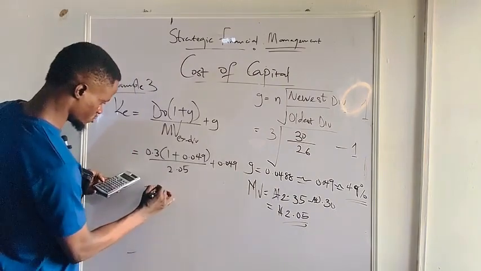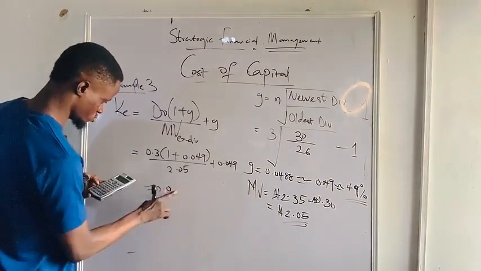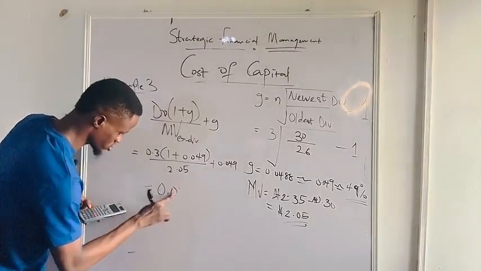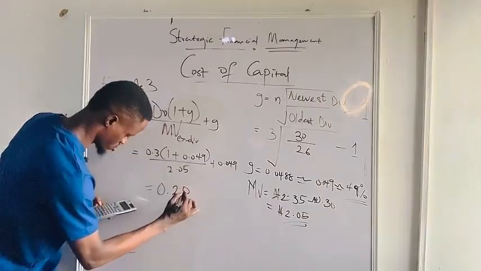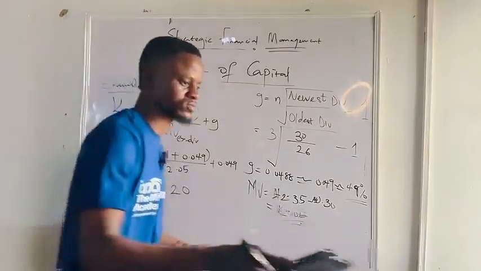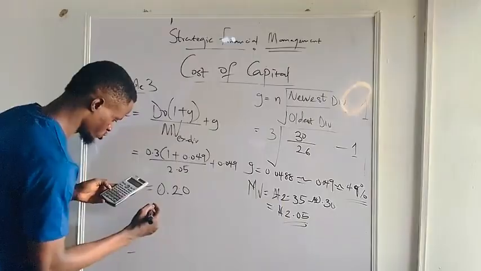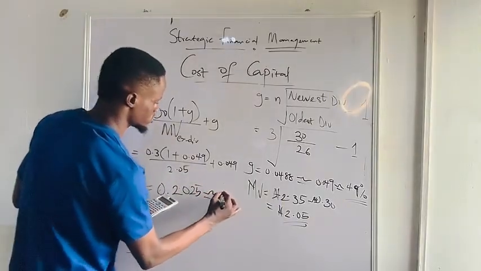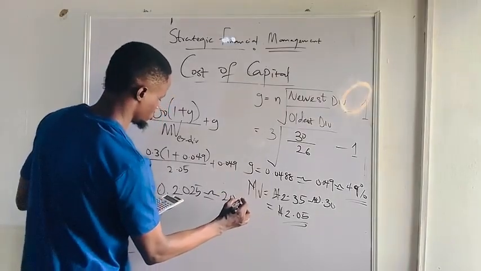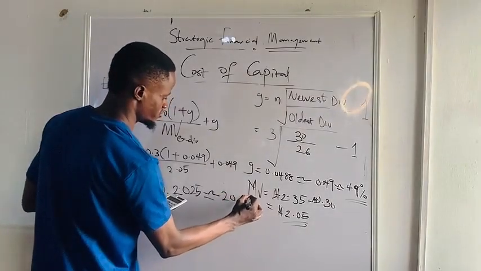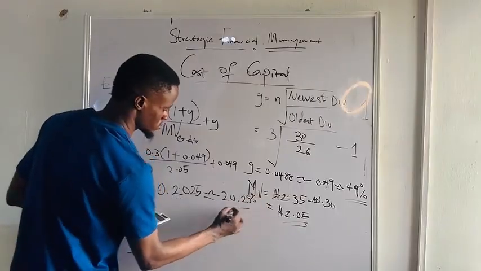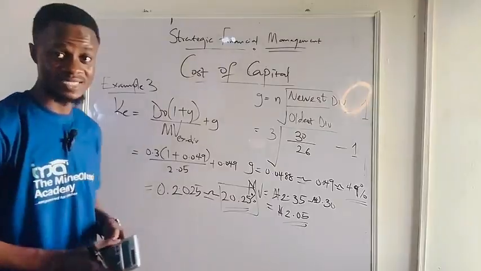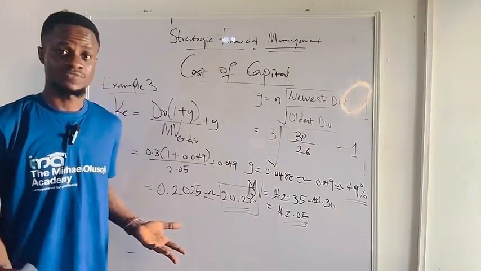The answer is 0.2025, which is the same thing as 20.25%. So this is the answer: 20.25%. Simple, right? Very simple.